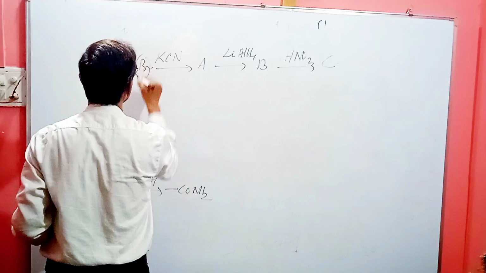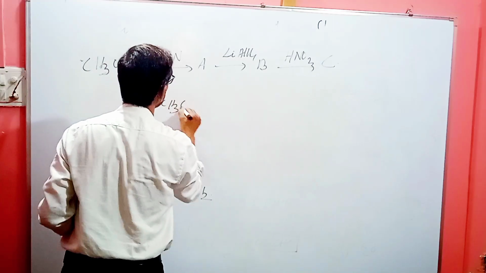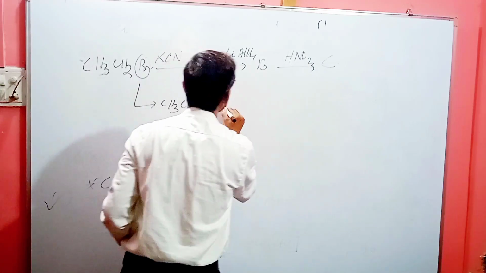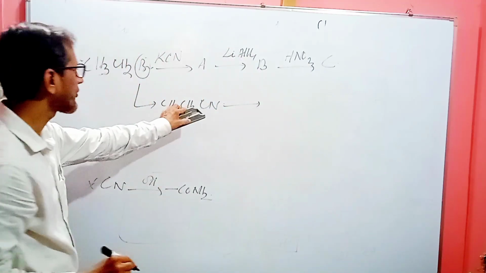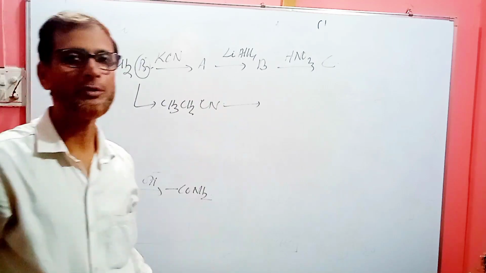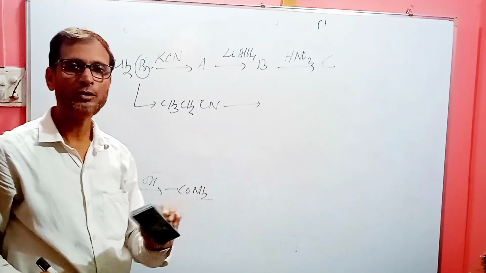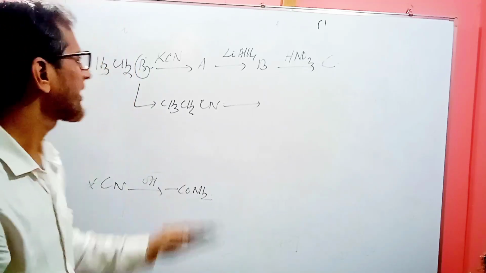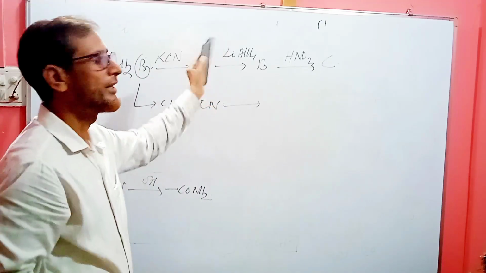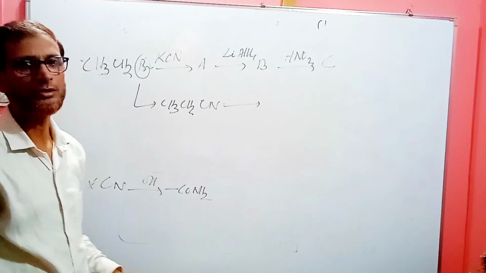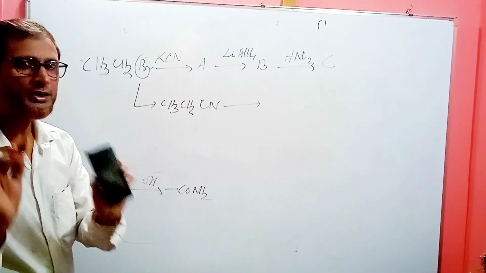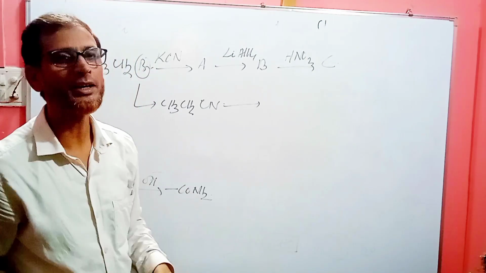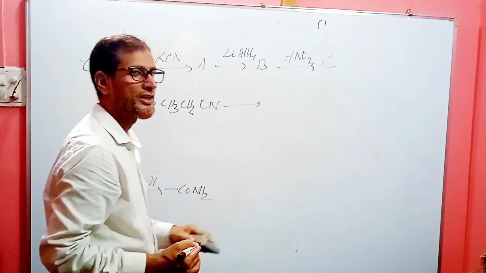When KCN is there, we will convert it to CH3CH2CN. Now reduction of the CN group. We have done reduction of the CN group in three ways in our chapter. One is H2/Ni or platinum, another is Na/C2H5OH, other is lithium aluminum hydride. Lithium aluminum hydride reduction gives an increase of one carbon in the reduction process.